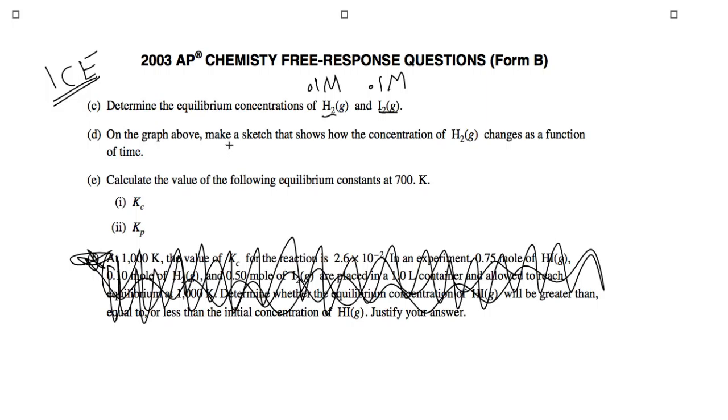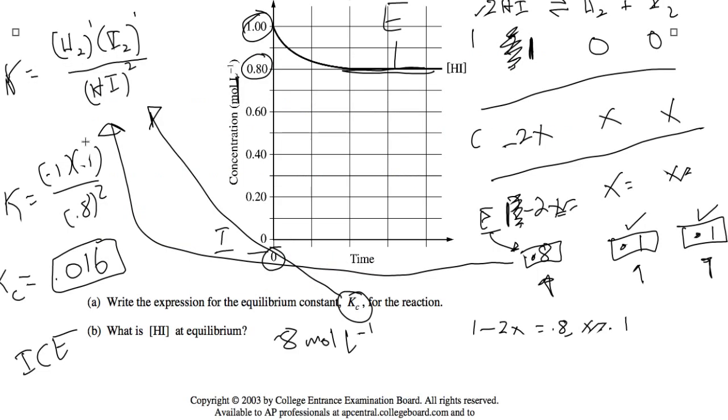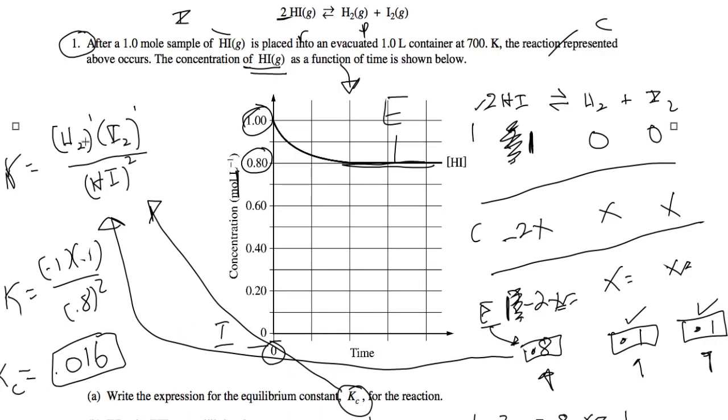On the graph above, make a sketch that shows how the concentration of I2 changes as a function of time. H2. So we always are going to look on our ICE table. Here we go, H2. Initially, it's at 0.